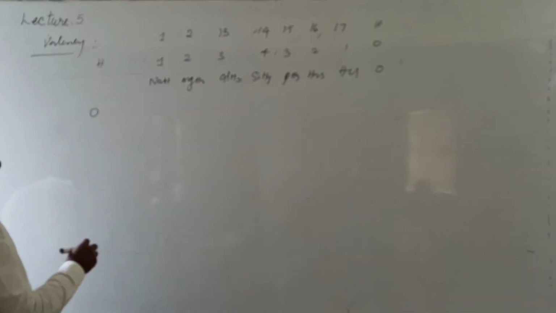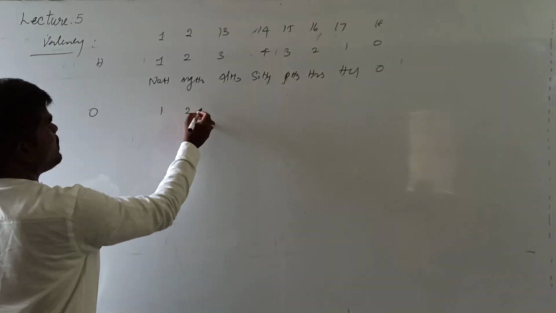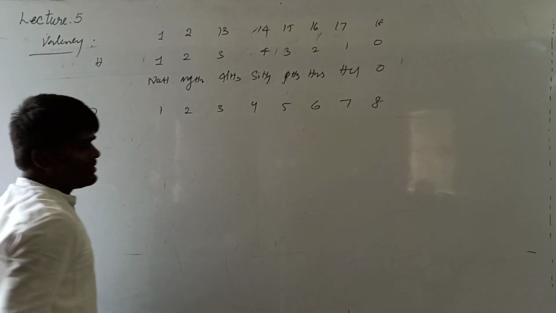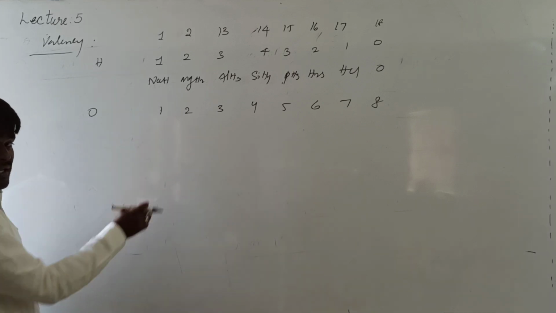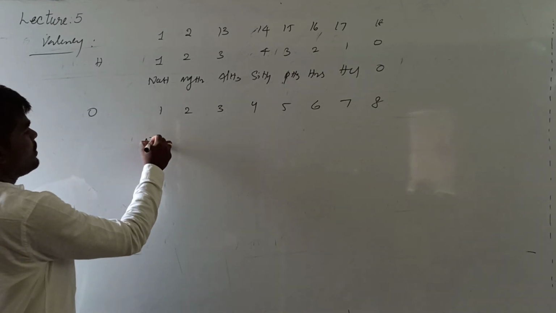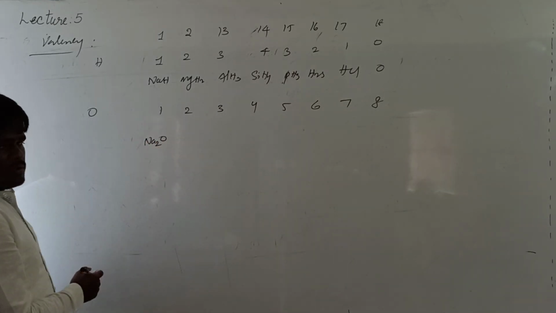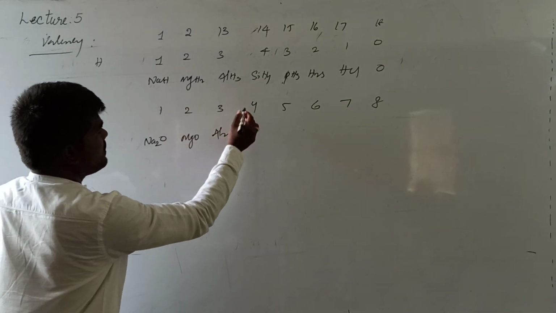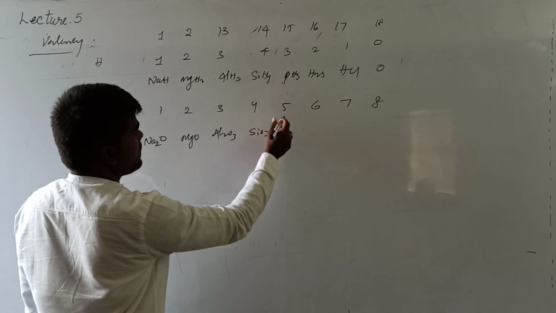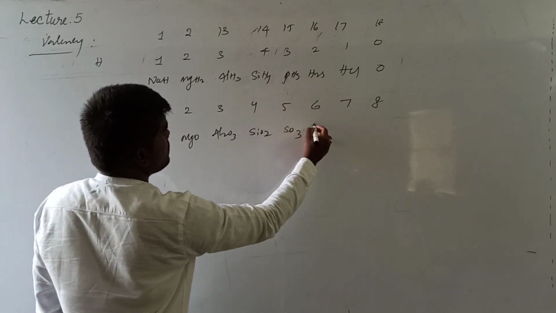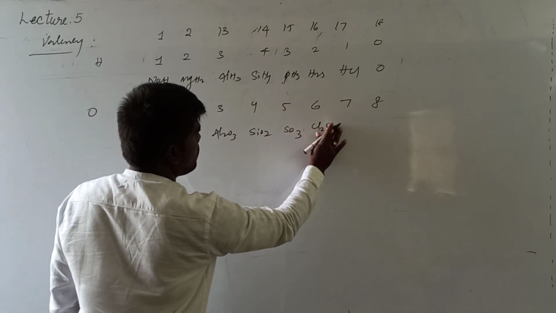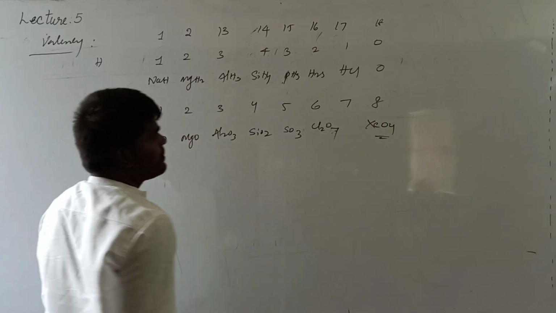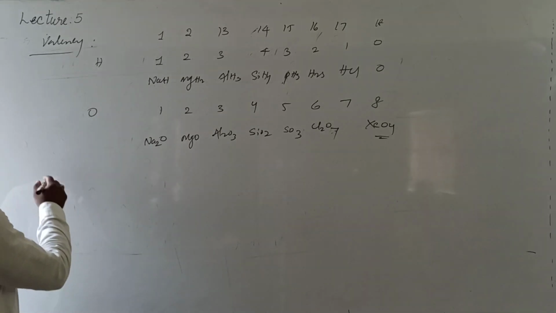If you are talking with respect to oxygen, their valencies will be 1, 2, 3, 4, 5, 6, 7, 8. For the first group, it will be sodium oxide, magnesium oxide, aluminium oxide, silicon oxide, SO3, Cl2O7 and HClO4.